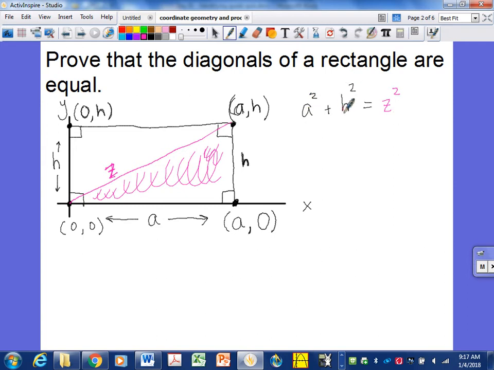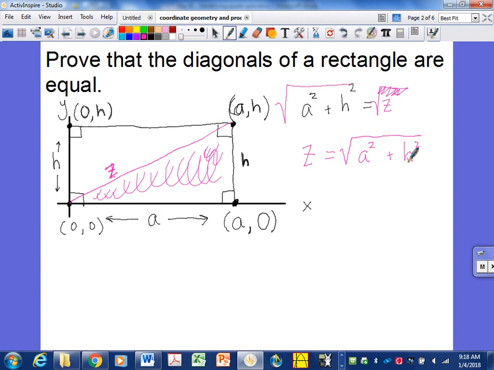No, but they can live next to each other, and that's perfectly okay. How do I get rid of my square over here? I square root both sides, and that gets rid of the z squared. Does it do anything to that over there? No, because there's a plus involved. So z is the square root of a squared plus h squared. That is the length of z.